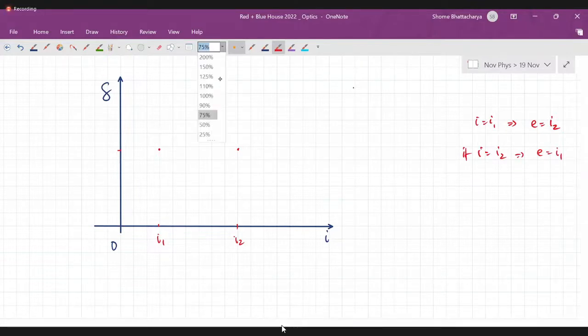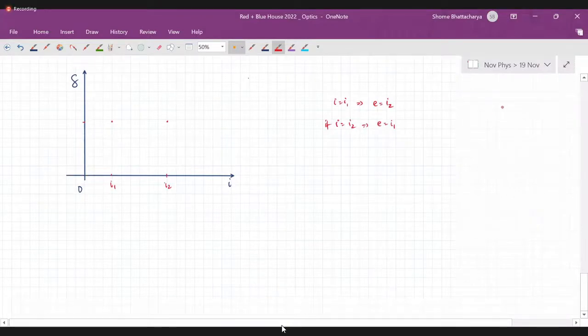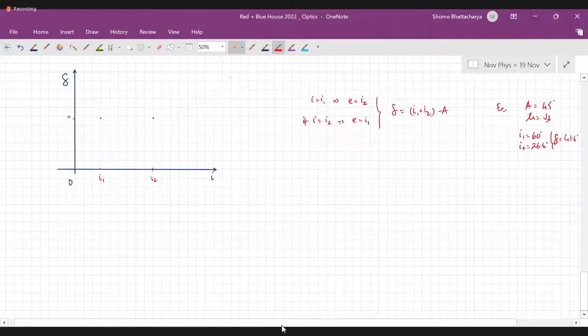But in both cases, the deviation will be the same. It will be I1 plus I2 minus A. So for example, when we had that situation where the angle of the prism was 45, mu was root 3, I1 was 60 degrees, I2 was 26.6 degrees, and the deviation was 41.6. So this sequence will repeat in such a way that the graph follows this kind of a pattern.